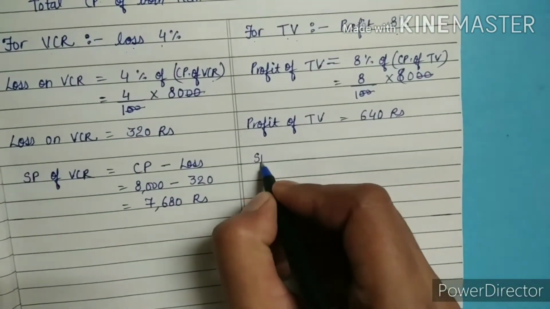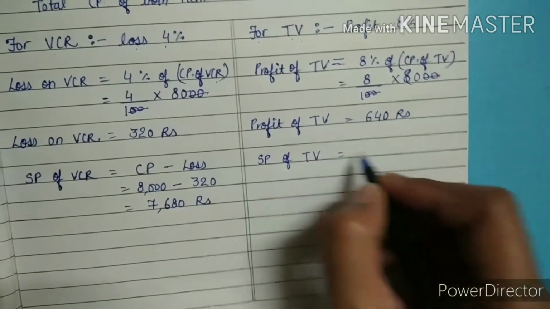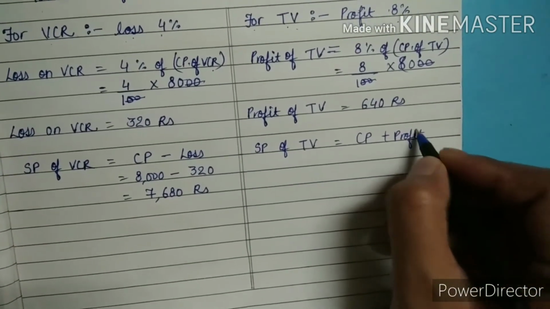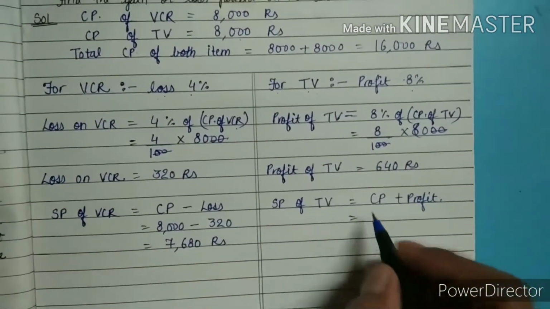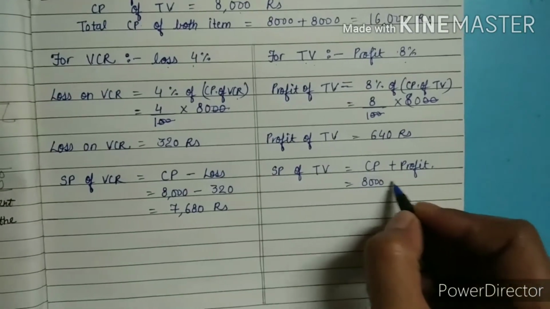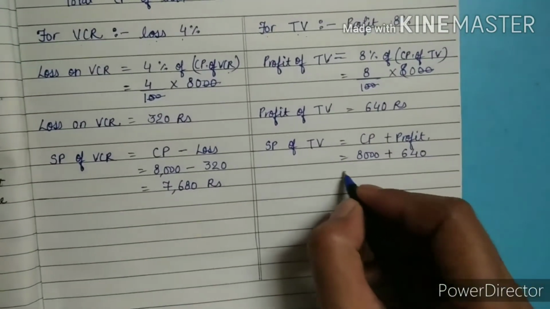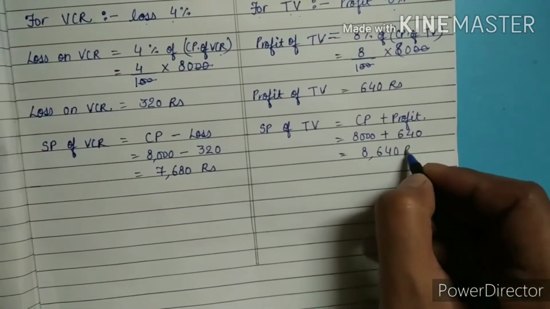From it we will get selling price of TV as cost price plus profit. Cost price of TV is 8000 rupees, so 8000 plus profit, that is 640. After adding them, we will get 8640 rupees.